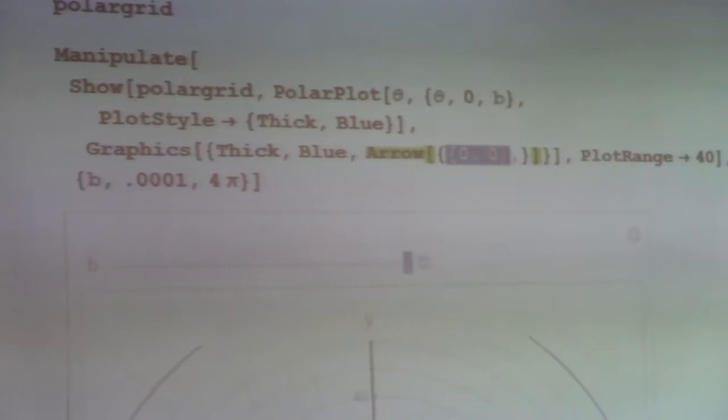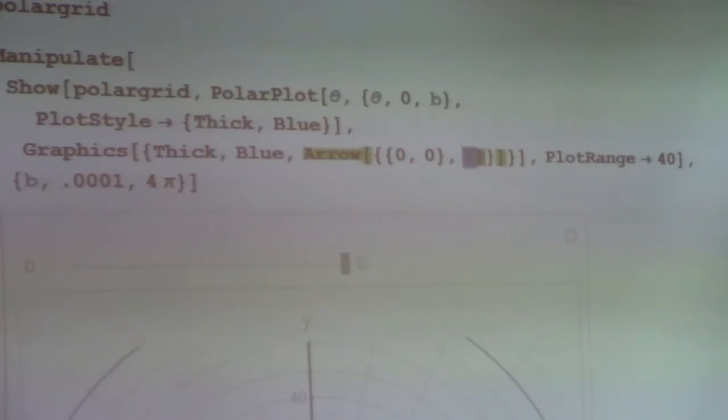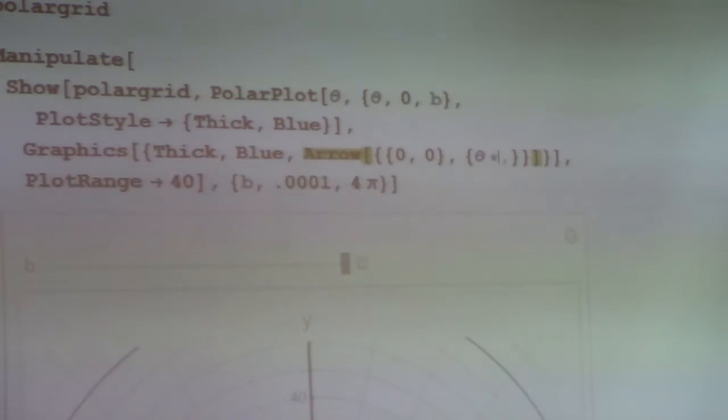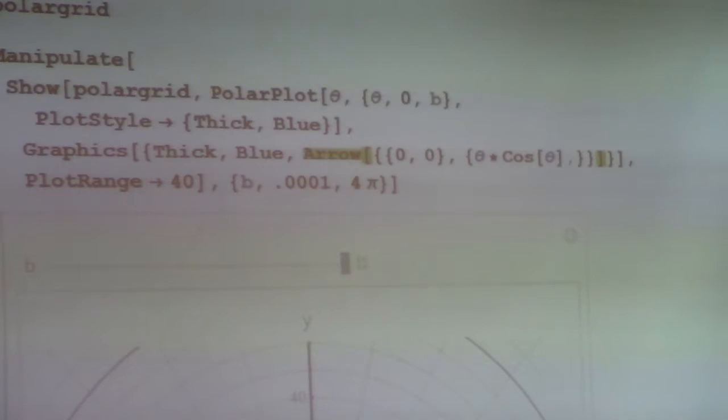So I have to put those things in here inside curly braces. Theta times cos theta, because f of theta is theta here, and theta times sine theta. Though actually, I'm making a mistake here. I need to use b instead of theta because b is the animation parameter, but b is theta, essentially.